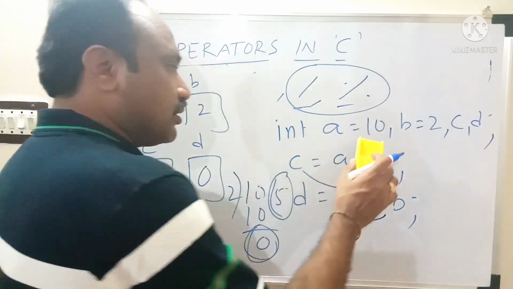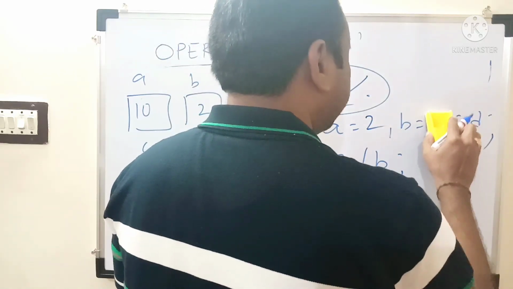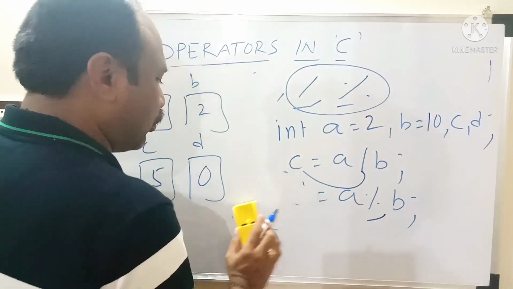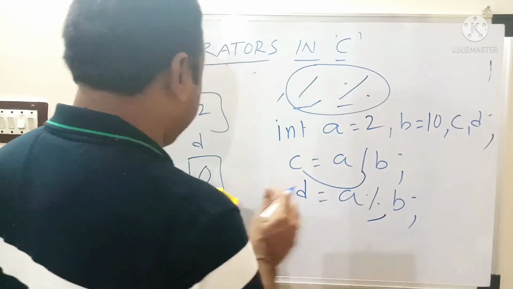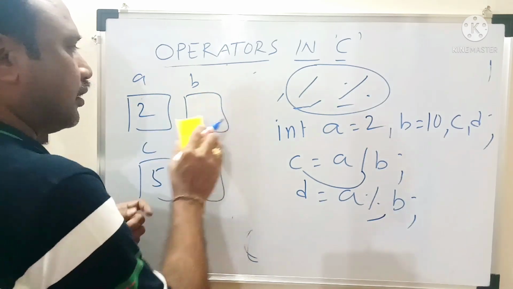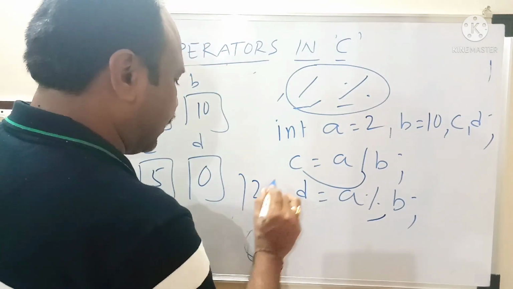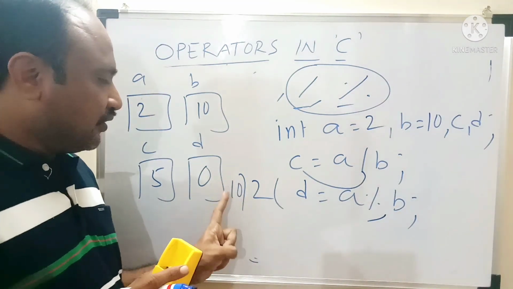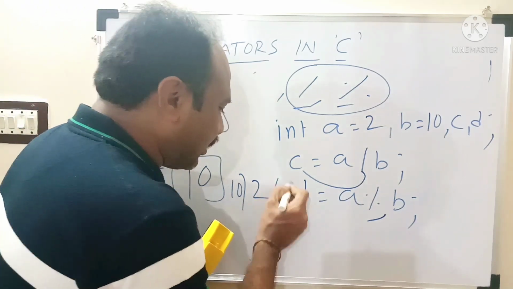Okay, suppose I am going to give like this, a equal to 2, b equal to 10. Now again c equal to a divided by b, d equal to a mod b. a value now 2, b value 10, c equal to a divided by b, a value 2 divided by 10. Normally, when we are going to do division, this 10 cannot divide 2. Manually, when you are going to do, we will put point and we will add 0.